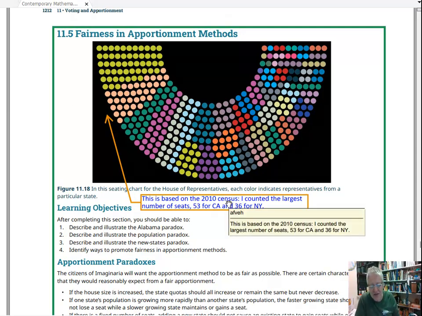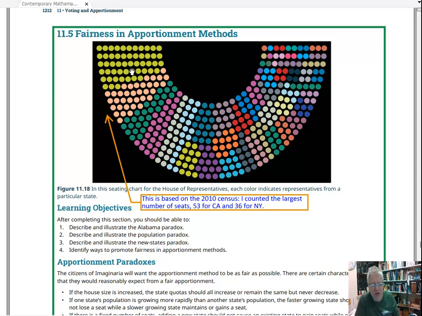Whatever. I noticed it's actually based on the 2010 census, so between 2010 and 2020, because I counted these here, which are California, and these here, which are, oops, that's not New York. I just noticed that. That's actually Texas. The third one would be New York. And I noticed that in 2010, yes, there were 53 for California and 36 for Texas. So that's what it's based on.